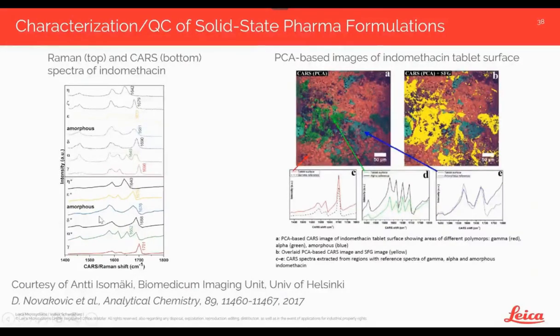And so here the idea was to use different vibrational signatures in addition to second harmonic signals to identify up to 4 or 5 different active compounds in such tablets, and then to look at those tablets under different storage conditions such as temperature and humidity, and look at the durability of those compounds under those different conditions. So this points to the applicability of label-free imaging for quality control or even for the development of pharmaceutical formulations.